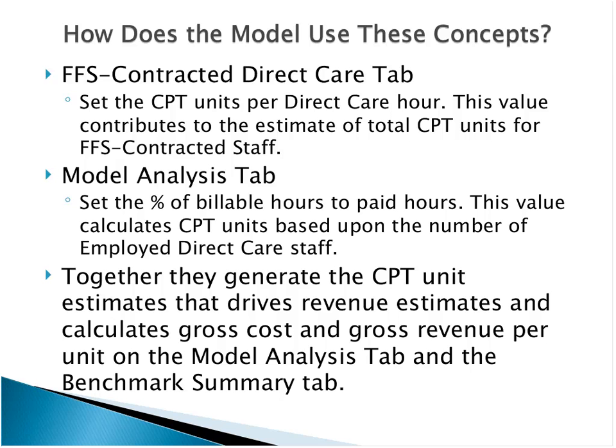The reason we ask you to set that explicitly is that you may have different unit expectations for your different service providers. We found that your psychiatric staff have a greater ability to generate more billed CPT units per hour than, as an example, your clinical staff or your nursing staff.